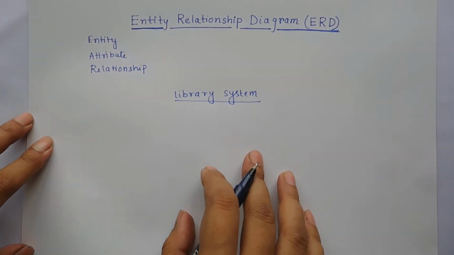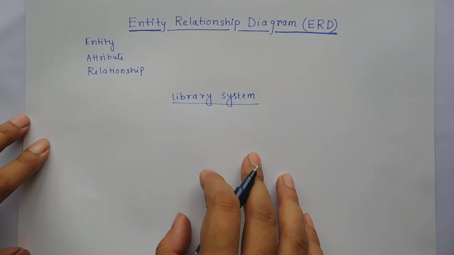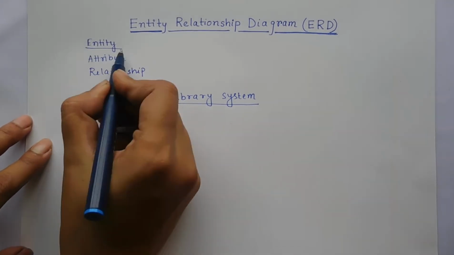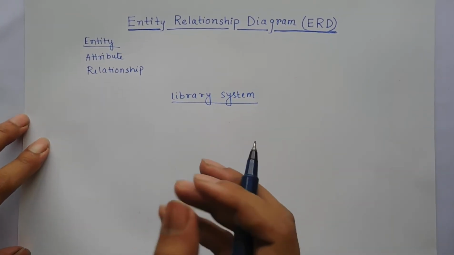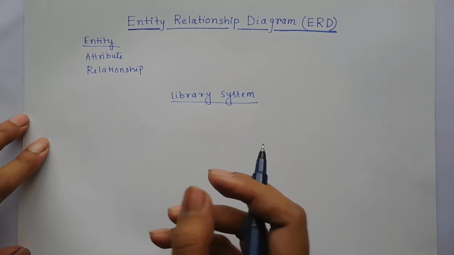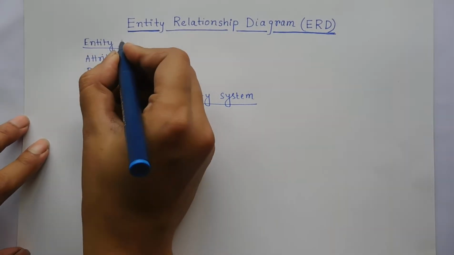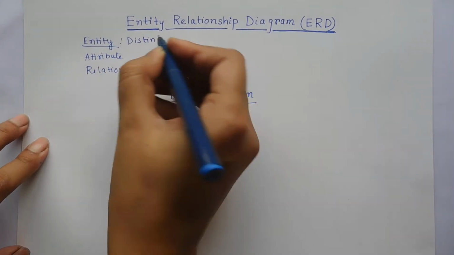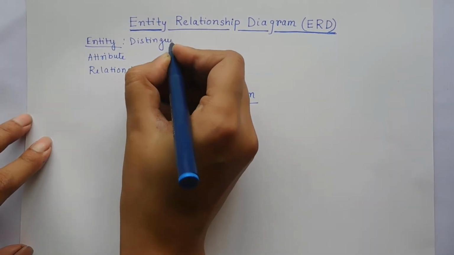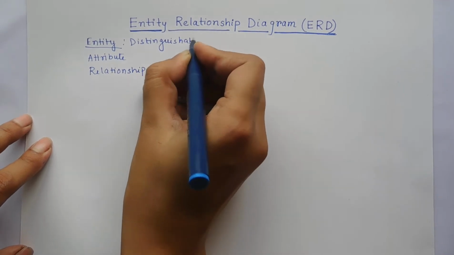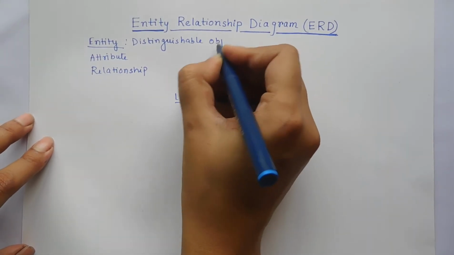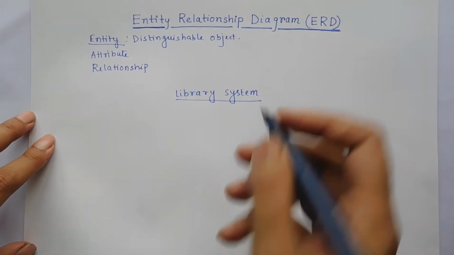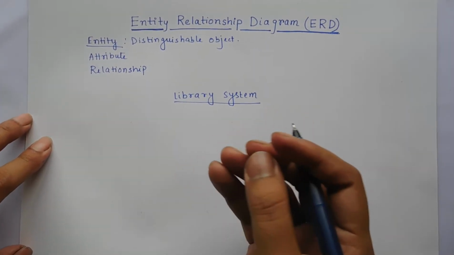Okay. Now we have to find what is an entity. Entity means the distinguishable objects, or we can say distinguishable items.